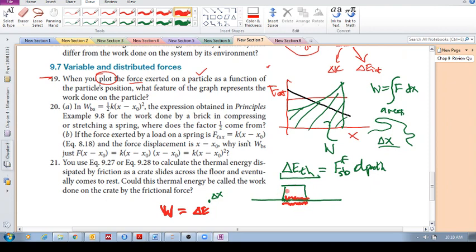So it's difficult to measure that energy, so we can't say that it's work done. Furthermore, this force is not necessarily external to the system because it's a friction force. So it cannot be called the work done on the crate by the friction force. Alright.